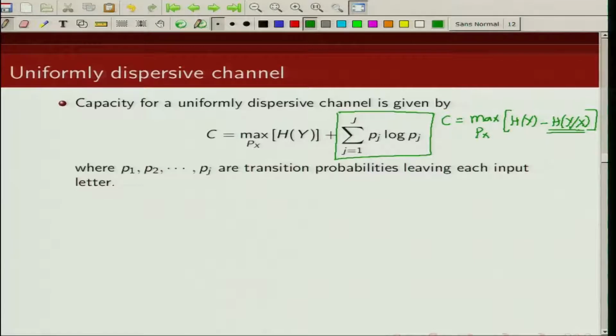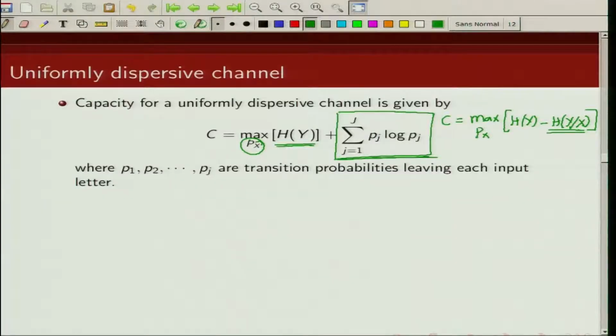In other words, the capacity of a uniformly dispersive channel is given by maximizing H of y over all input distributions P of x, plus this quantity. And we know that y is a discrete random variable, and its entropy is maximized when it is uniform. So capacity will be maximized for the input distribution P of x which will induce a uniform distribution on y.